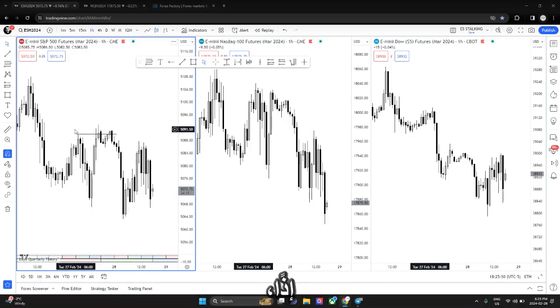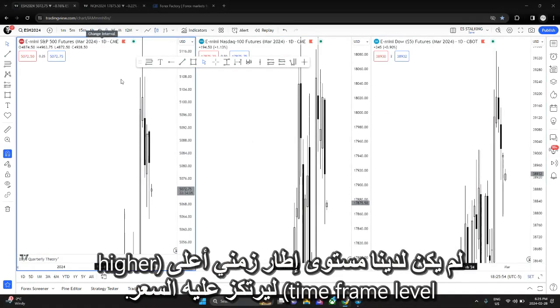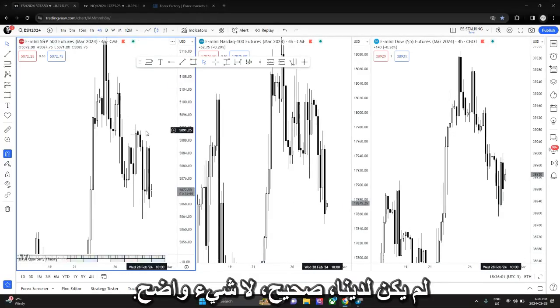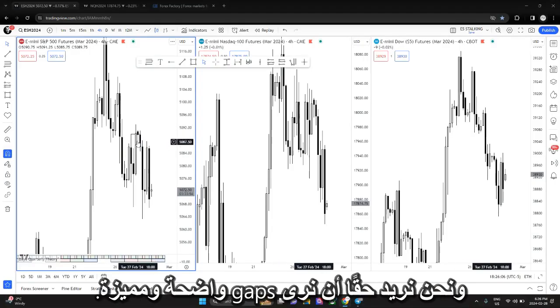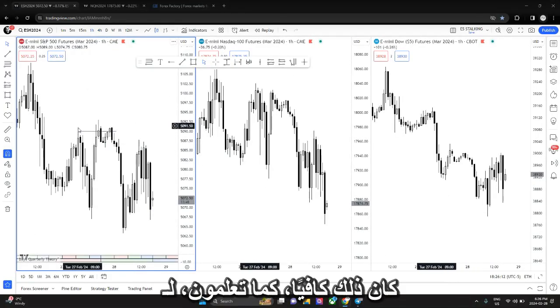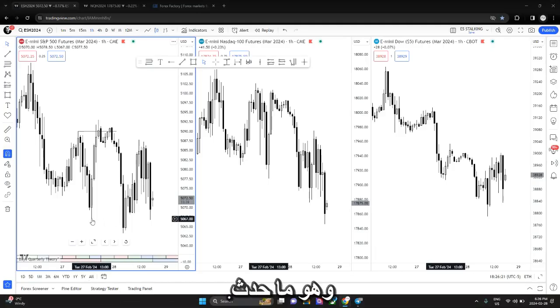So right here, you can see that we did not have a higher time frame level for price to key off of. We didn't, right? Nothing that's clear. And we really want to see clear, distinguished gaps. But due to the fact that this was sequential, that was enough to take price down to these levels to take this low out, which is what happened today.